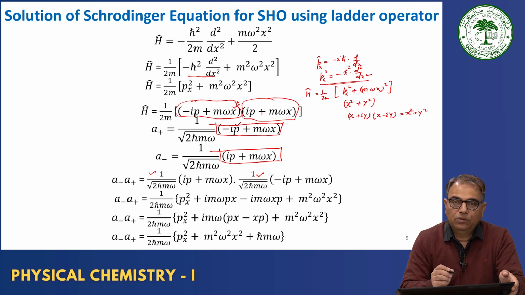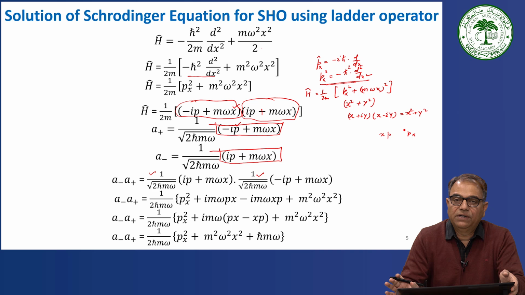So if you multiply X with P and if you multiply P with X, they may give you different results.